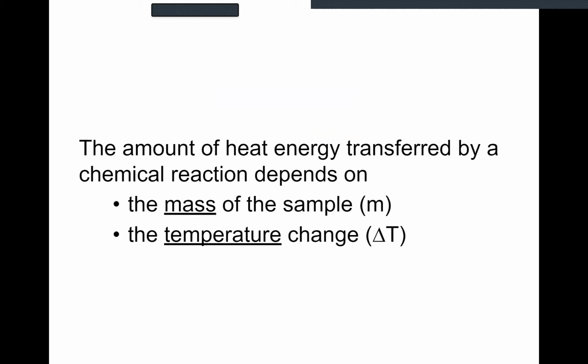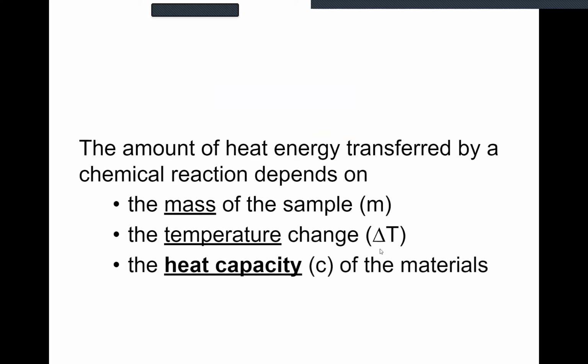If it's a big change in temperature, that means there's going to be more heat energy either flowing into the object or leaving the object. We abbreviate that delta T. And then thirdly, there's this other quantity called heat capacity, abbreviated with a C, that is a property inherent to the material itself. Let's talk a little bit about heat capacity, because this one's a little tougher.